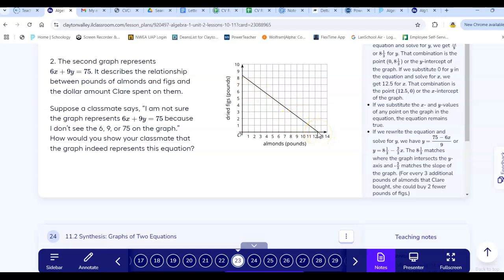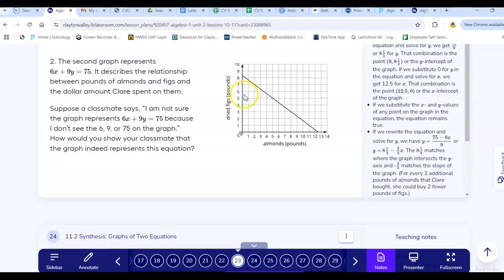On the other hand, if she only bought figs and didn't buy any almonds, the 6x would go away, right? And we would divide 75 by 9, and we get a little more than 8. Okay, that's the way that works out.